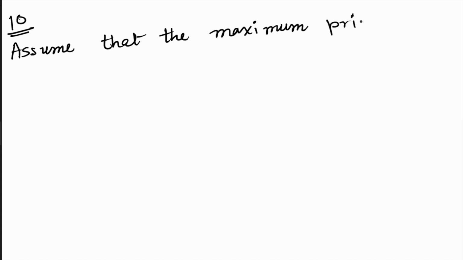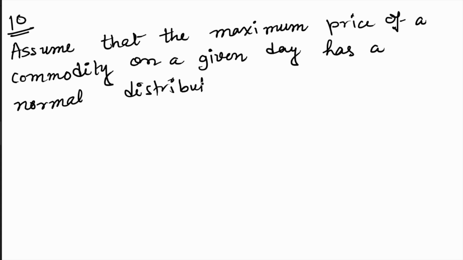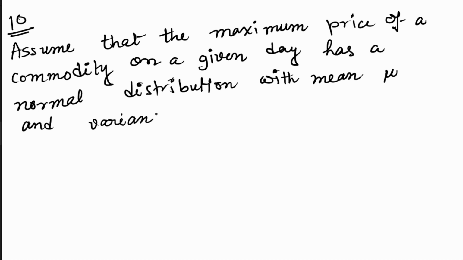Assume that the maximum price of a commodity on a given day has a normal distribution with mean mu and variance sigma square.